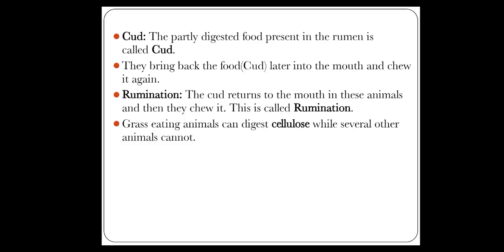We have learned there are 4 compartments. From the stomach it goes to the small intestine, then the large intestine. So this is the digestion in grass eating animals. I hope now you know why these animals continuously chew when they are not eating their food.